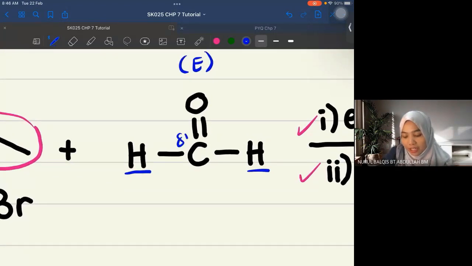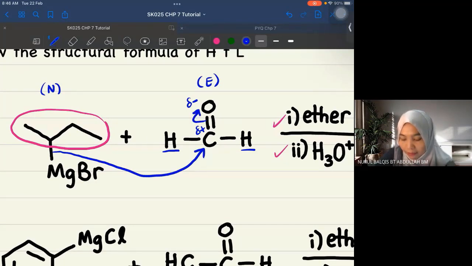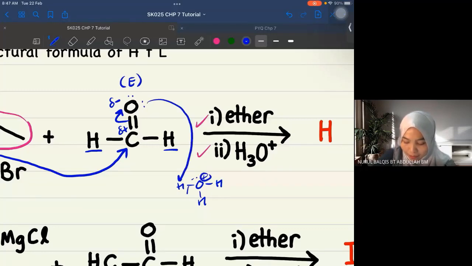This going to be your partially positive, this going to be your partially negative. So this bond will break and then takes up the carbon and then break the bond between this carbon and oxygen, left with only one single bond with extra electrons on here, then they will become negative charge. And then if we further expand this H3O plus, okay, this O will take this hydrogen and pecahkan dia.